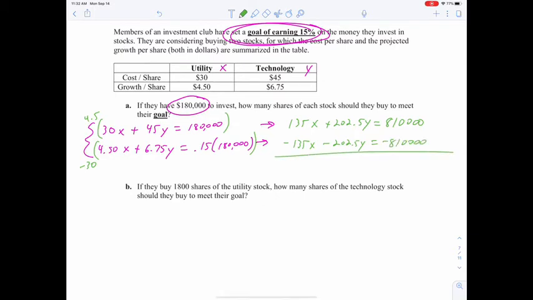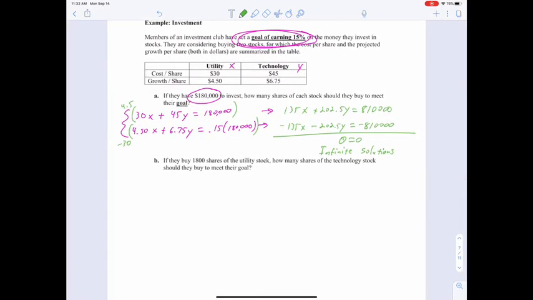So you notice everything goes away, right? Everything's opposite of each other if we add straight down, so we get 0 equals 0. So basically they have infinite solutions. So there's many, many ways they could invest this money properly, okay? So that's that. It's an infinite solution problem.